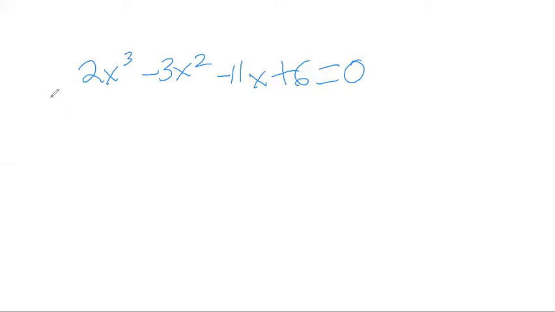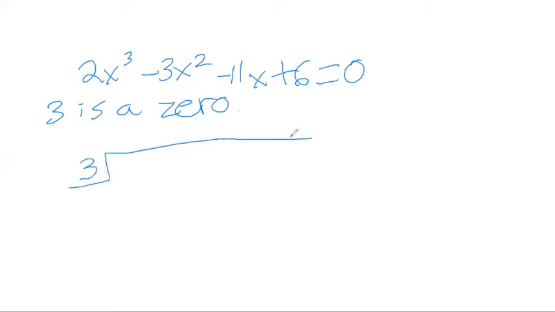Now in this case, they tell us 3 is a 0, right? Which means, since 3 is a 0, I know that's one of the solutions, but I want to find the other 0s.